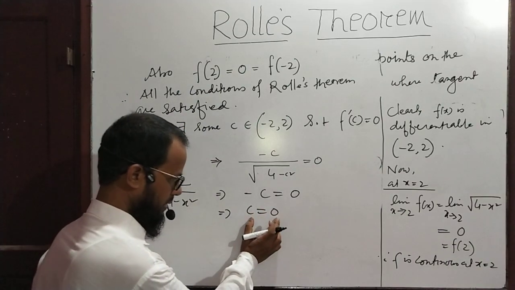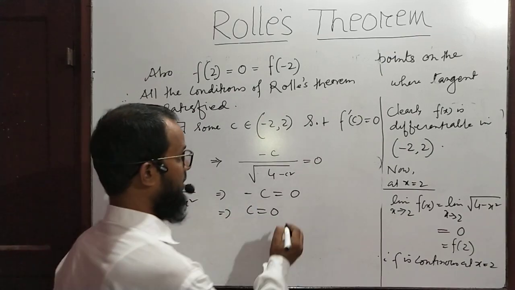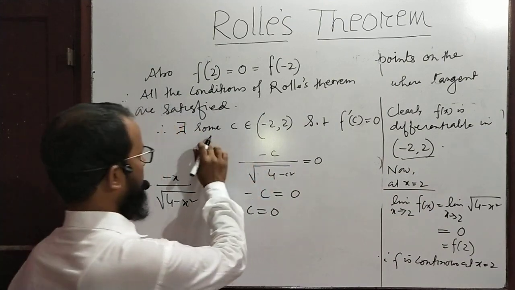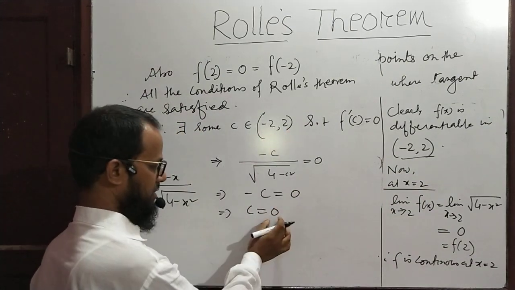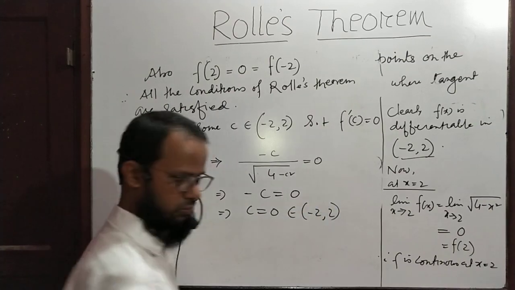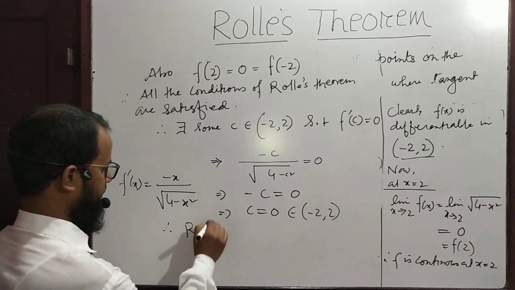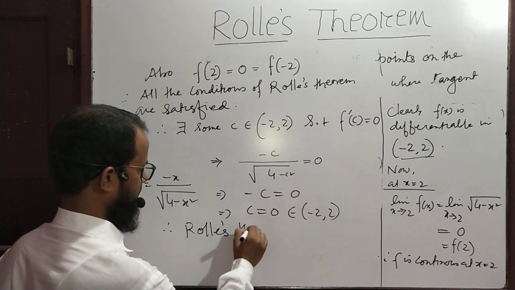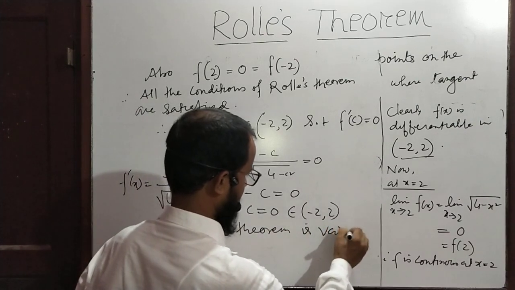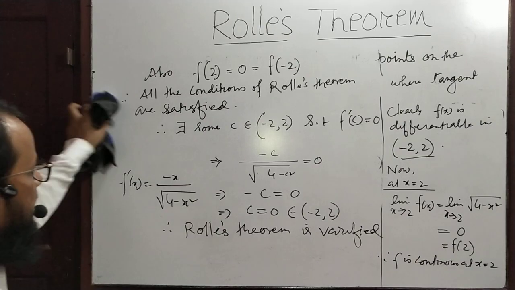Now you have to check whether this c equal to 0 lies in the open interval. It should, since we have taken some c belonging to this. Yes, 0 belongs to -2 to 2. So it means that Rolle's theorem is verified.